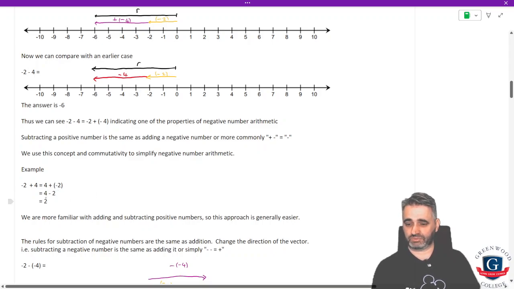And then we have plus and minus together, we're going to change it to minus. And definitely it's easier to think about 4 minus 2 than it is minus 2 plus 4. We've done lots of practice with positive number addition and subtraction. We haven't done as much practice with negative number addition and subtraction. So swapping the order can make things a lot easier.